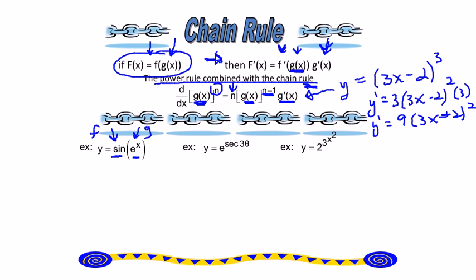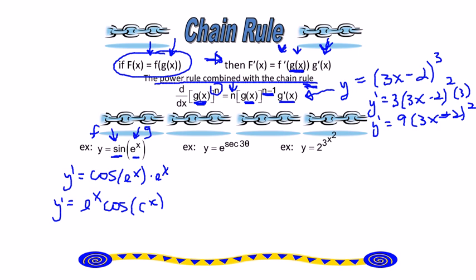So what we'll do is take the derivative. y prime equals, the derivative of sine is cosine. So cosine, copy paste the inside. Then we multiply by the derivative of the inside, and we know the derivative of e to the x is e to the x. Now let's rewrite that so that people don't get confused. This would be e to the x times cosine e to the x. And that would be our first derivative with the chain rule.